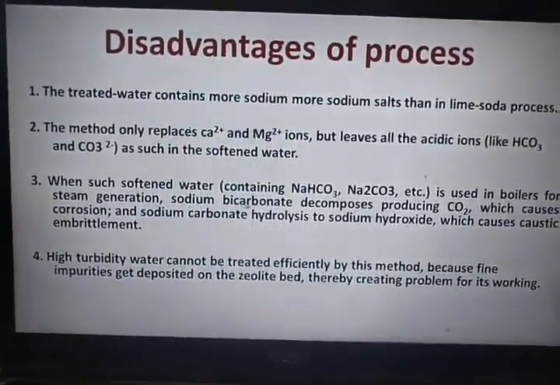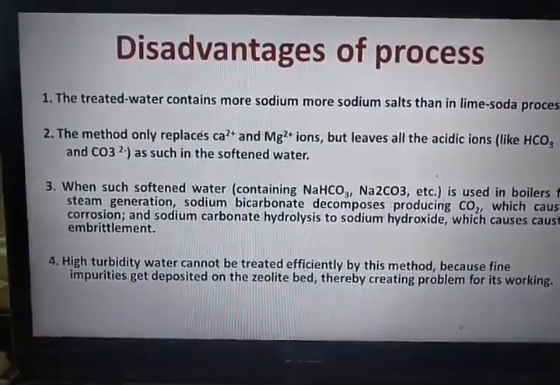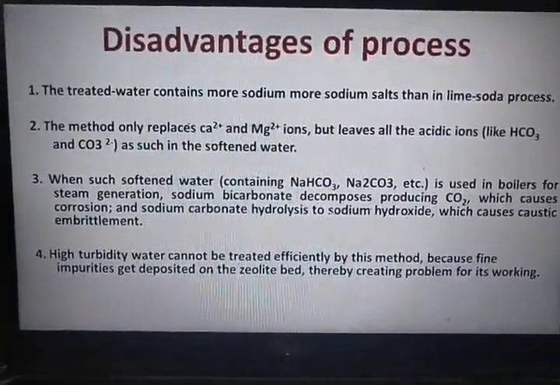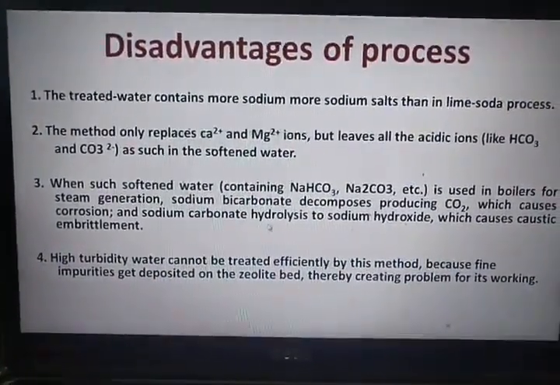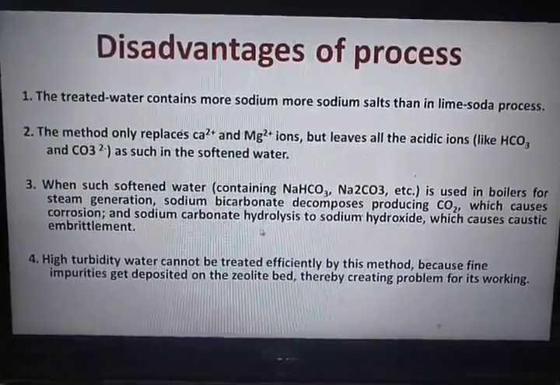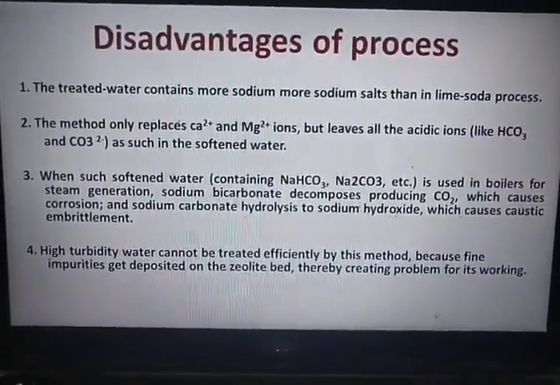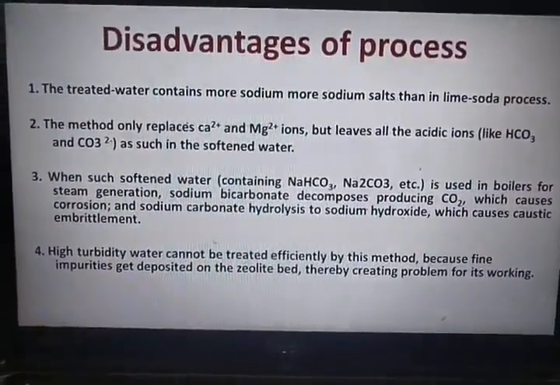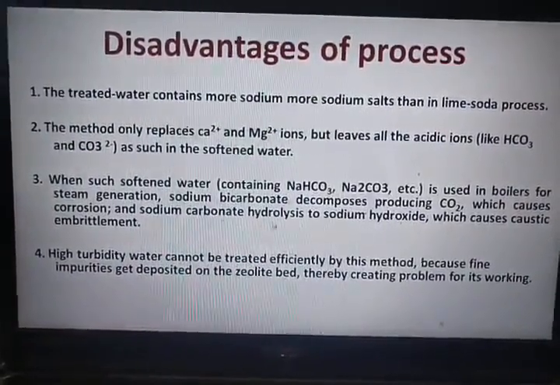When such softened water containing sodium carbonate and sodium bicarbonate is used in boilers for steam generation, the sodium bicarbonate decomposes to carbon dioxide which causes corrosion, and sodium carbonate hydrolyzes to sodium hydroxide which causes caustic embrittlement, that is, it damages the pipes and appurtenances if you use this water in industrial processes.